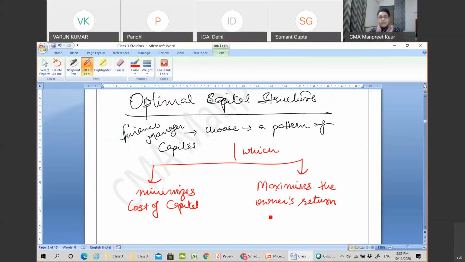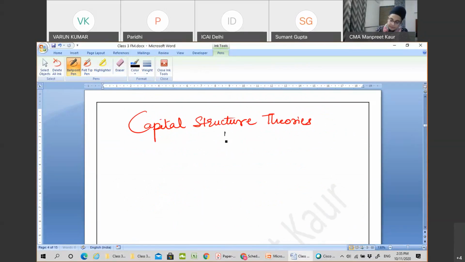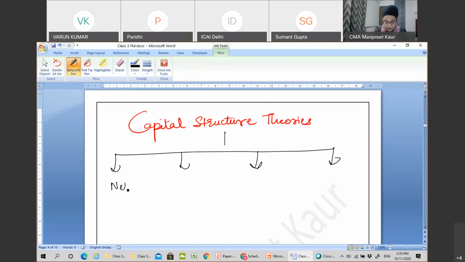So let's start with the capital structure theories. There are different approaches. First is the net income approach. Second is net operating income approach.